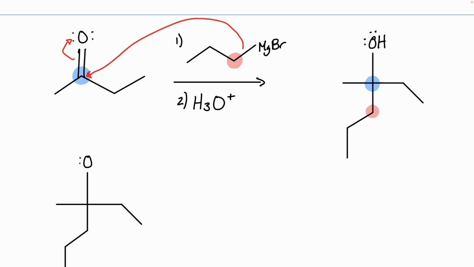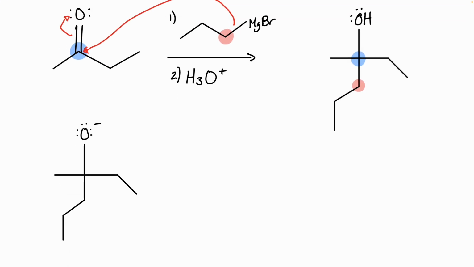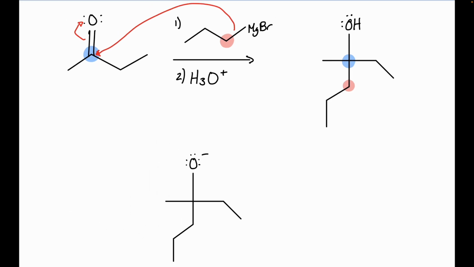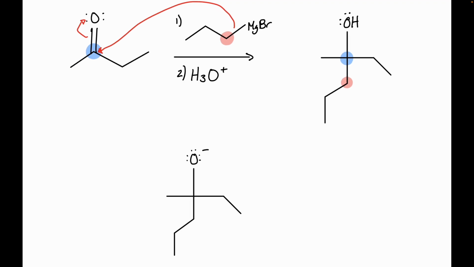At this point, our oxygen has accepted that pair of electrons, so we have that negative charge. Just to keep my coloring consistent: my electrophilic carbonyl carbon and my nucleophilic Grignard carbon.